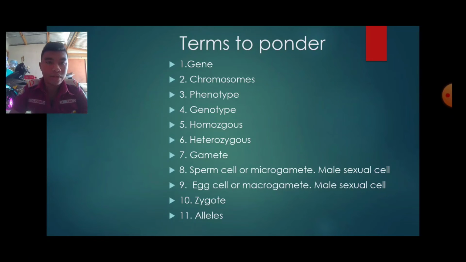The number 2 is chromosomes. Chromosomes are thread-like structures located inside the nucleus of animal and plant cells.